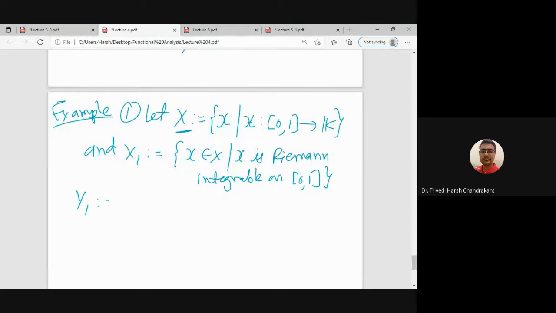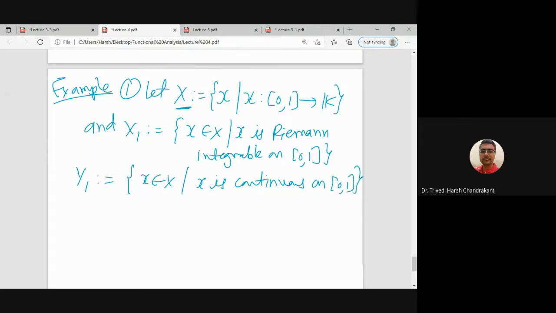Similarly, we define Y1 to be the elements of X such that x is continuous on the closed interval [0,1].